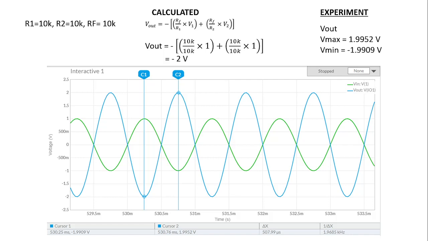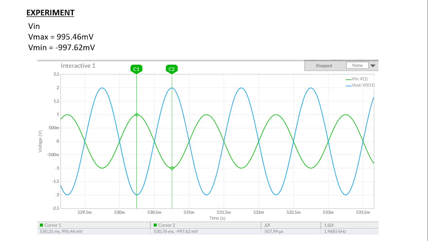So the calculation that we get is V output equal to negative 2 volt, and in the experiment we get output voltage for V max and V min. As we can see at the graph, C1 is V min and C2 is V max. This is the signal for V in. C1 is V max and C2 is V min.